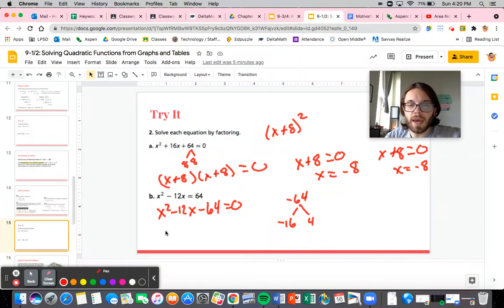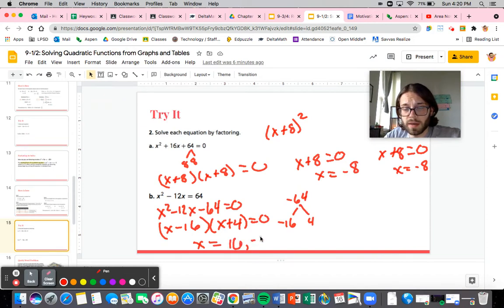So we have x minus 16, x plus 4. You would eventually be able to find those out. So you know your answer is going to be 16 and -4. Alrighty, pretty straightforward. I think the hardest part is, once again, going to be factoring.